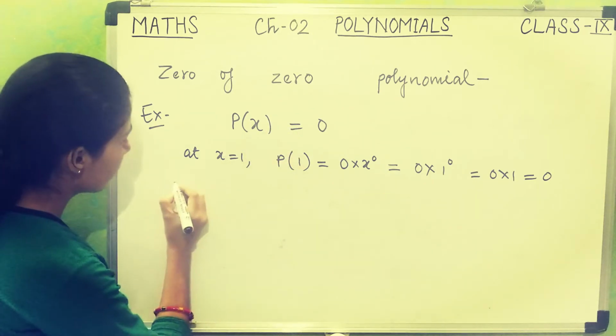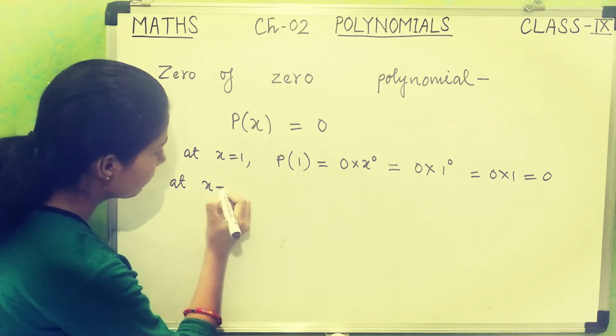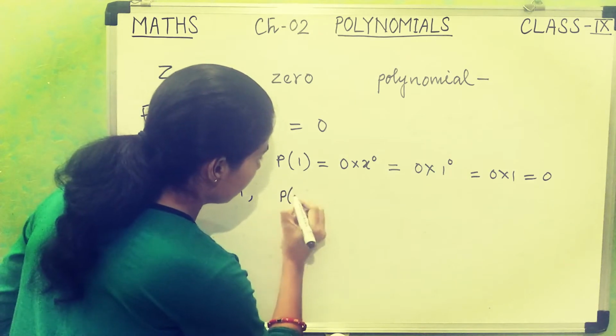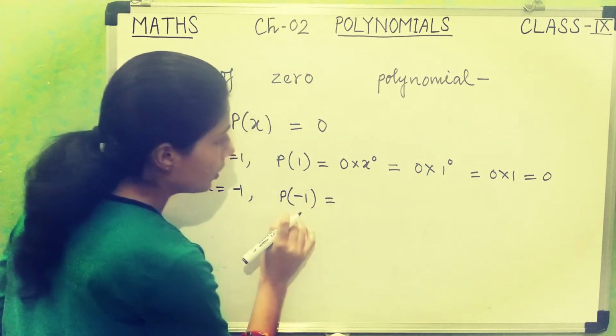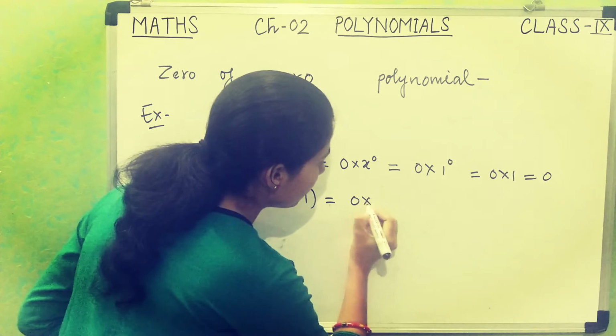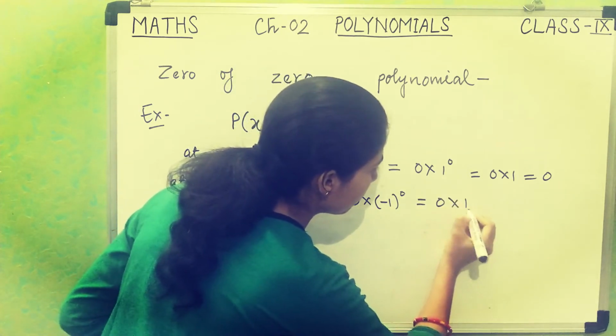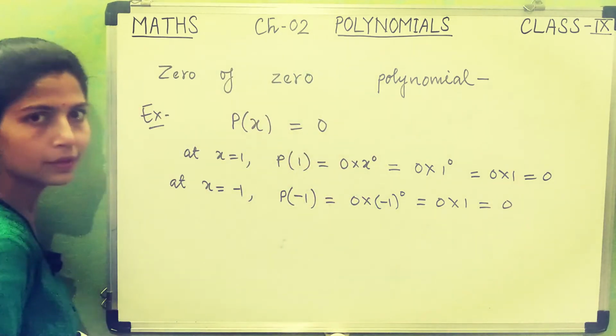Let's take another value, x equals minus 1. At minus 1 the value of the polynomial will be 0 into minus 1 raised to power 0, that will be 1. So 0 into 1 is again 0.